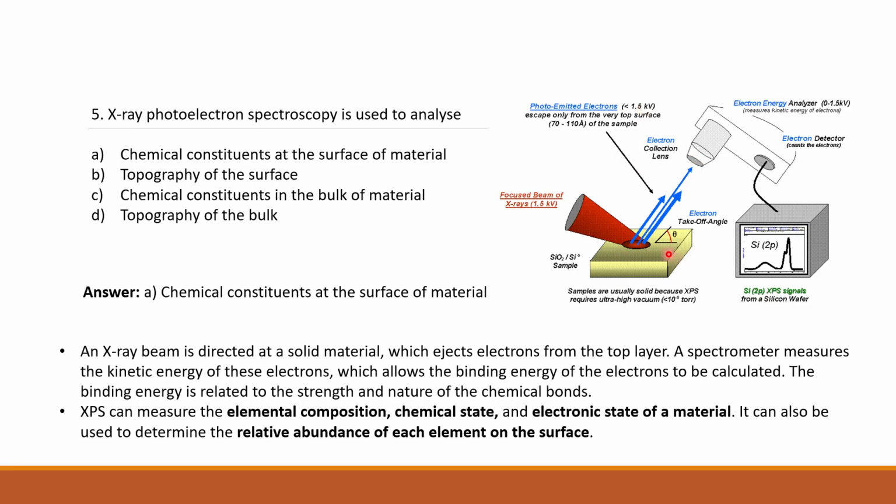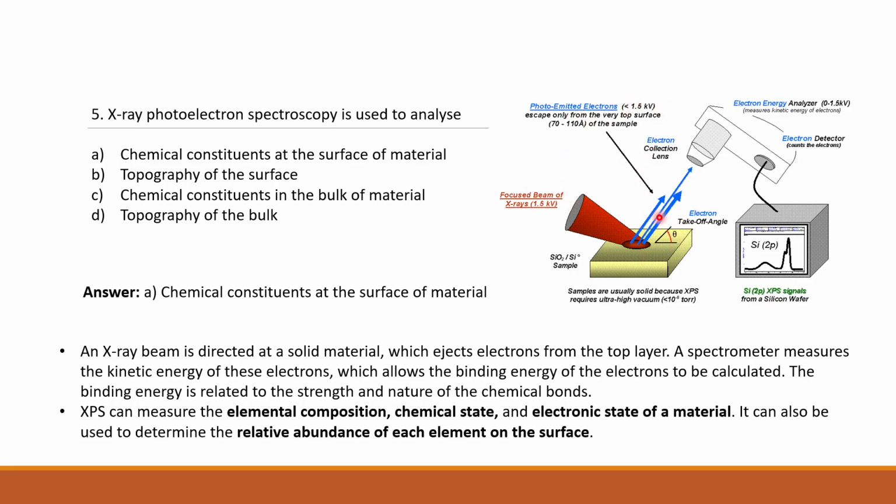Now your electrons are out, and every sample will have an angle of that electron ejection. That is your electron takeoff angle. And the photoemitted electrons escape only from the very top surface, as we understood. So 70 to 110 angstroms of the sample you can see. This much is the depth in which you can use this.